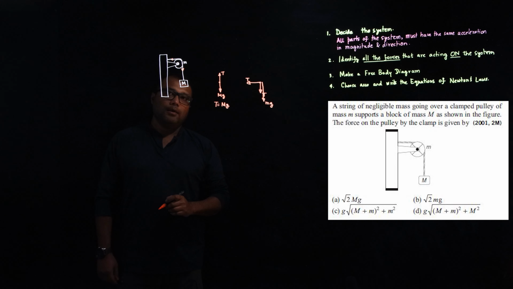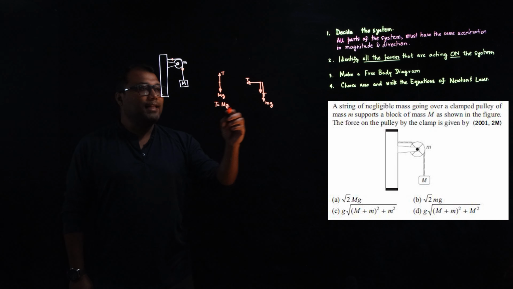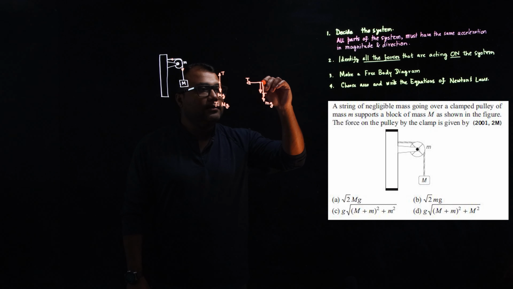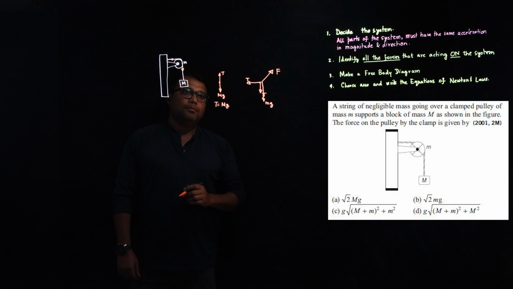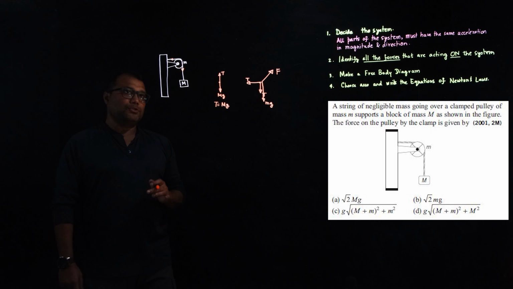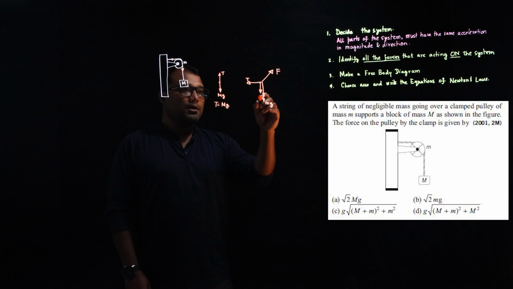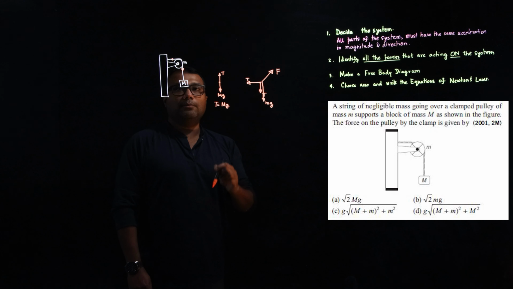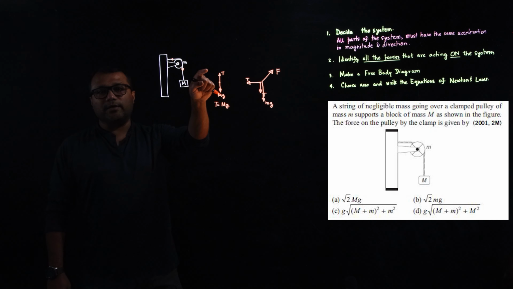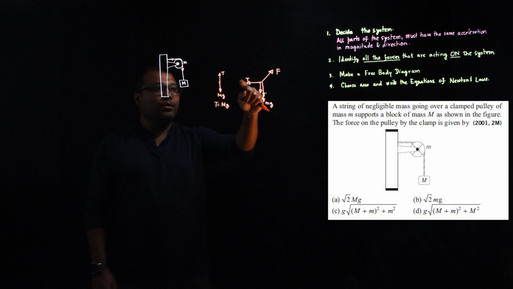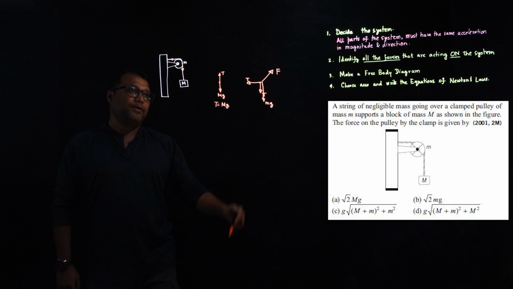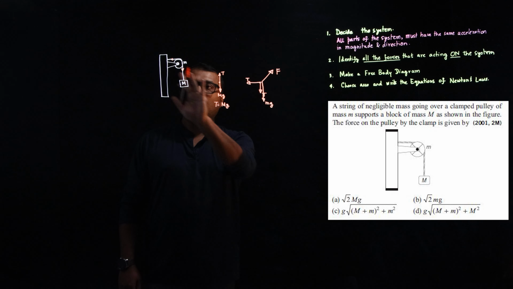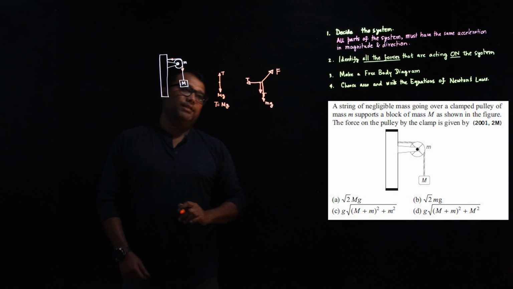And because of this clamp, let's assume the clamp is exerting a force on the pulley in this direction, because these forces need to balance. The pulley is not going anywhere, so it means all these forces are balanced. The only way it can balance is if there is a force from the clamp in this direction.